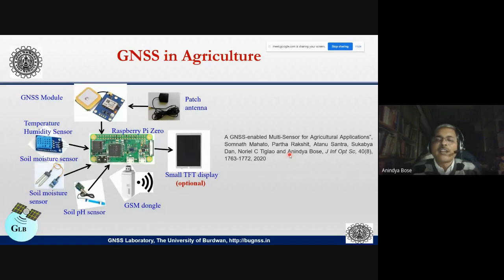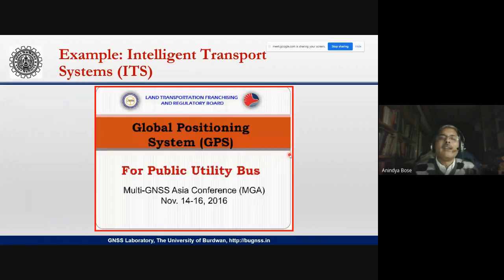We already got a project from DST, Government of India, for development of such a project, and it is progressing well. Intelligent transport systems: driver driving pattern analysis, whether a drunk driver is driving, or what the pattern of drivers in a particular region is, has been done.